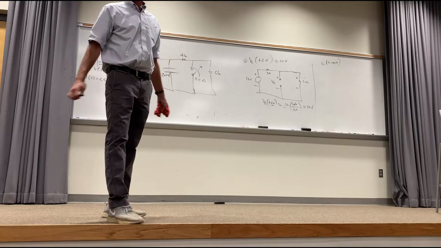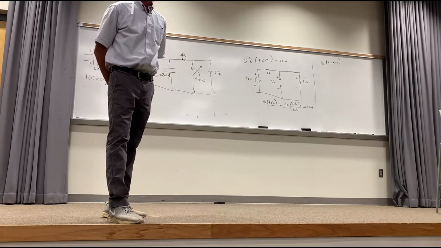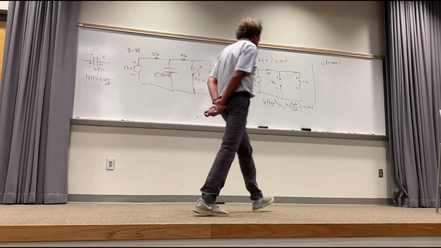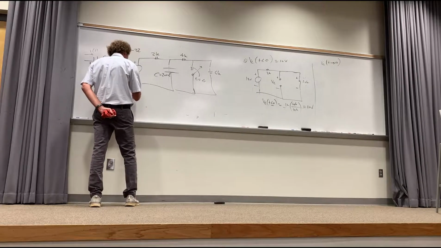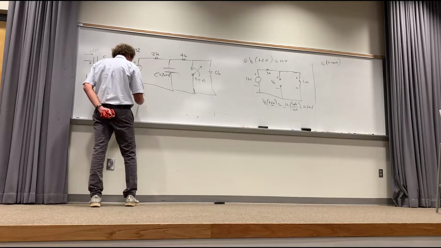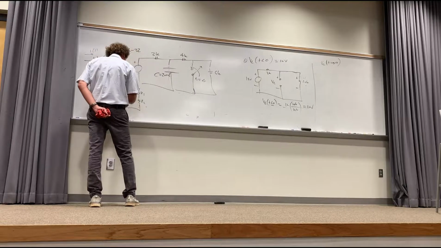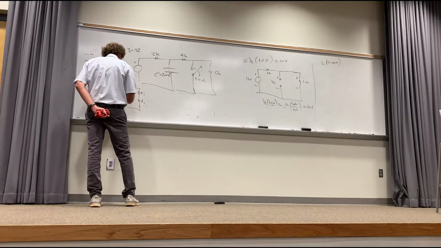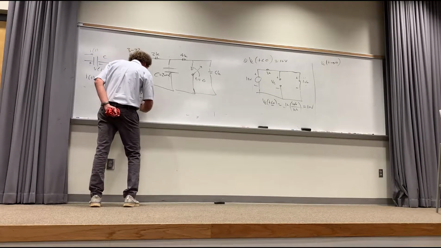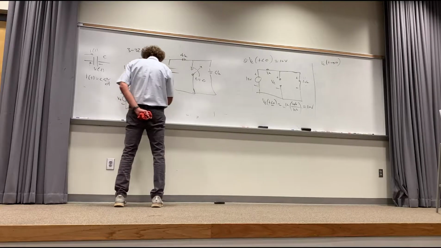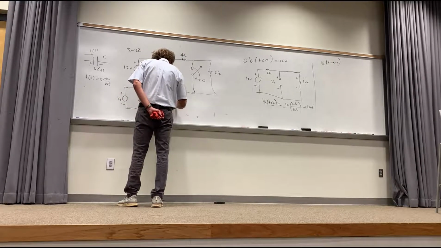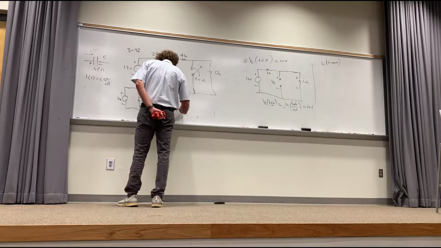This is pretty elementary, but can you just say what the formula for voltage division is again? Sure. If you have 2 resistors in series, R1 and R2, and you have some source voltage here, the voltage across R2 is just equal to the source voltage times R2 over R1 plus R2.